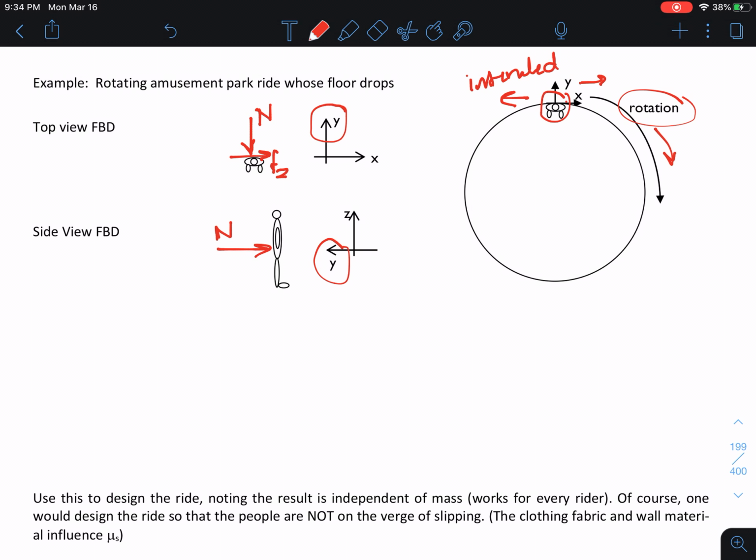So for the side view, again we have the normal force. We matched it with the top view, made sure of that. And what else do we have? What they're going to do is the floor is going to drop. We are right now stepping on it, but we are looking at the case when the floor drops, so we don't have contact with the floor at all.